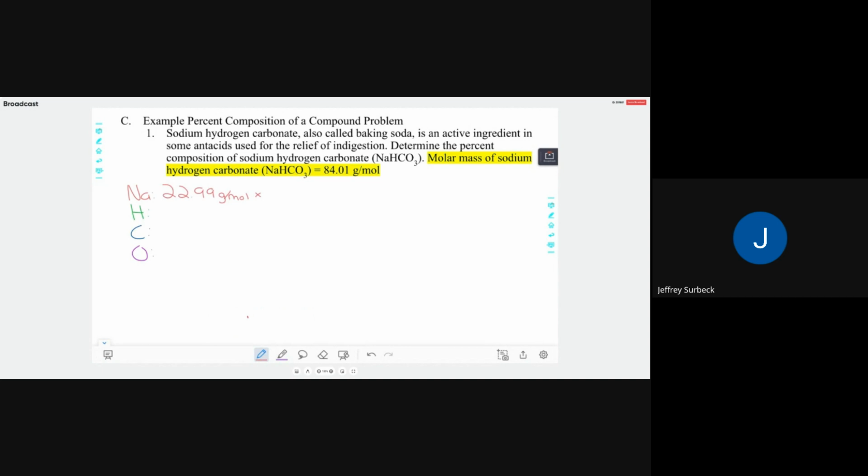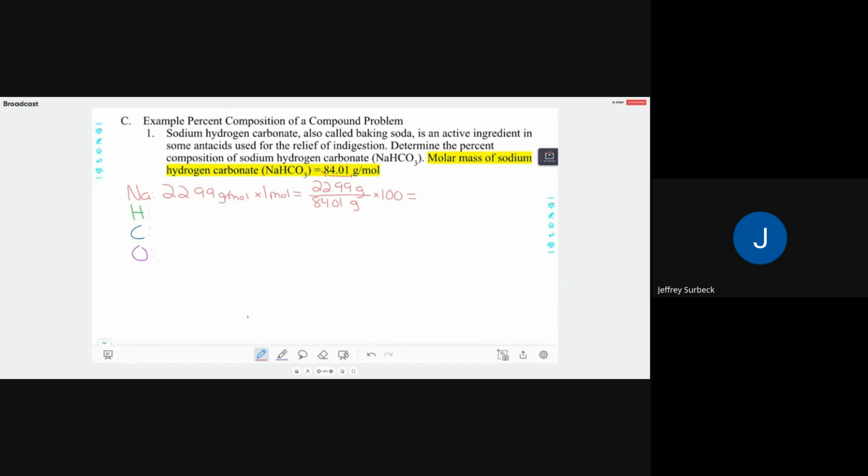Just one. So technically it's times 1 mole, which gives us 22.99 grams. Then we divide it by the listed molar mass, 84.01 grams, and, following the formula, multiply by 100.